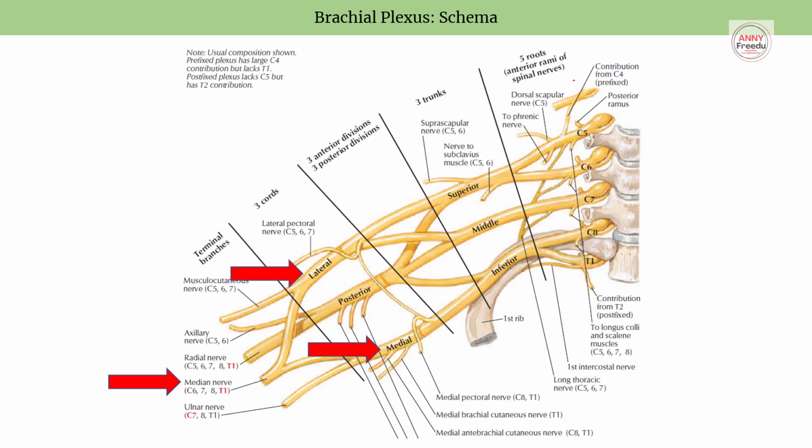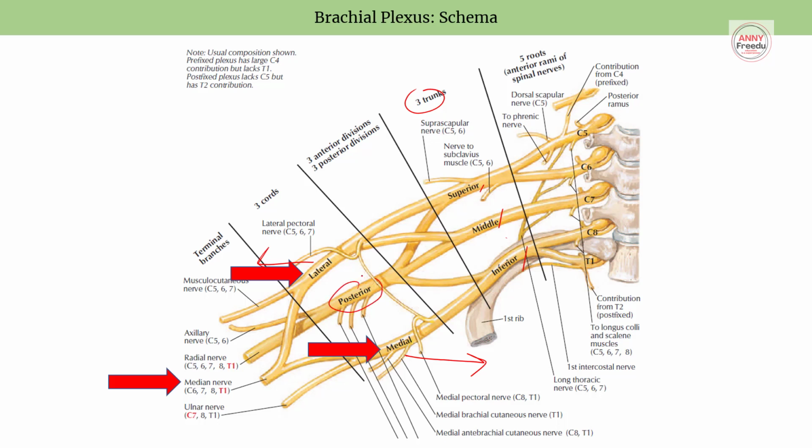This is a brachial plexus. And in order to describe nerves, for example, in terms of the trunks, we have the superior, middle, and inferior trunk of the brachial plexus, which divides into lateral, posterior, and medial cords. So medial means that it is closer to the center, while lateral is far from the center.